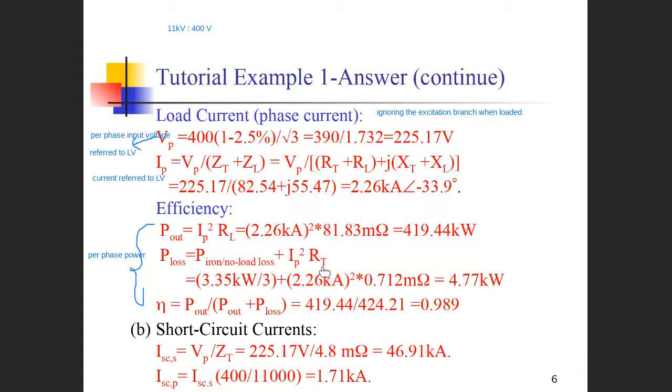We are doing the per phase power calculation. Okay, so you can use the total. That's the same, right? So a per phase output power or per phase loading power in this case. So the loading impedance resistance. This is the loading resistance. Okay, resistance times loading current squared. You can use a different way to do the calculation.